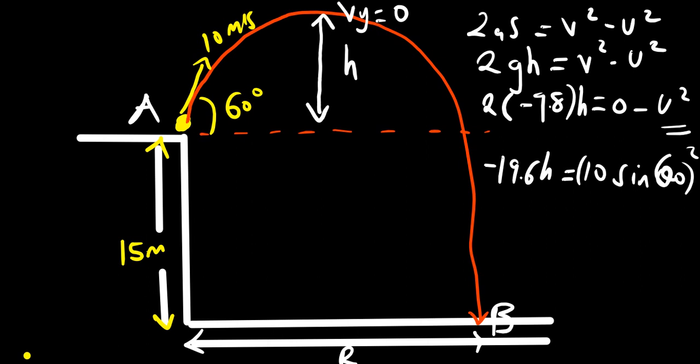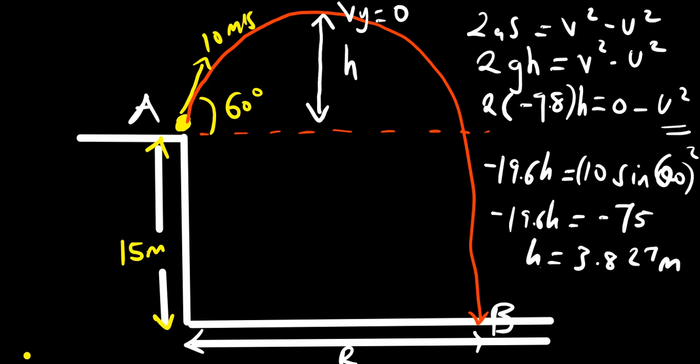So when I calculate, I'm going to find negative 19.6h is equal to negative 75. If I divide by 19.6 on both sides, I'm getting our h as 3.827 meters. Okay, so that would be this height there. So to find the total height, you just add this plus that.